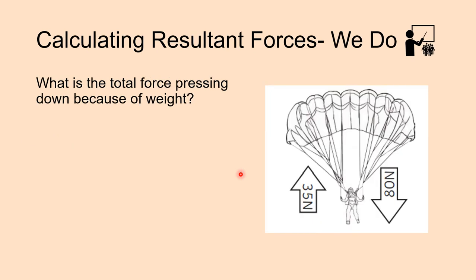Okay, this is a we do, so have a really quick sketch of a stick man and a parachute and draw on these arrows for me, please. First step, what is the total force pressing down? In this example, it's 80 newtons. The next one, what is the total force pushing up?